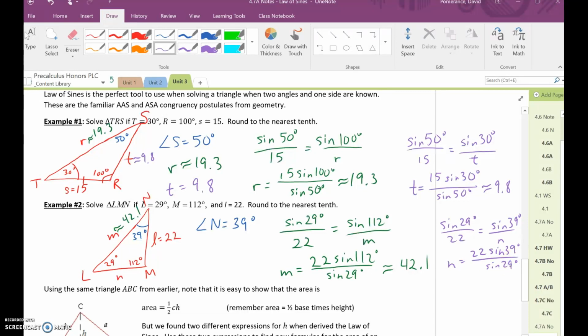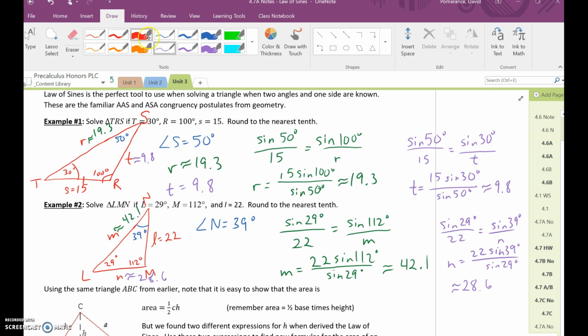Now you can just go back into your calculator and change all of your 112s to 39s. And that can save a bit of time. Use the calculator to do things efficiently. And we get, for this one, approximately 28.6. Okay, so it is bigger than 22. So I am happy.